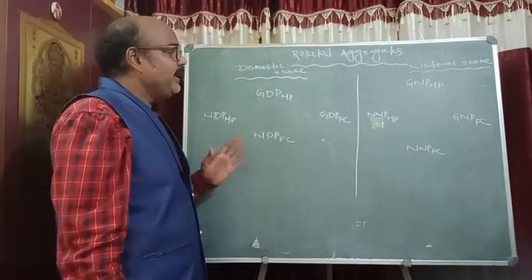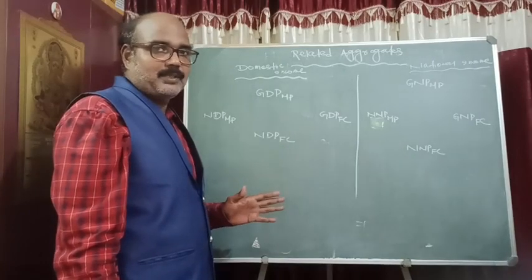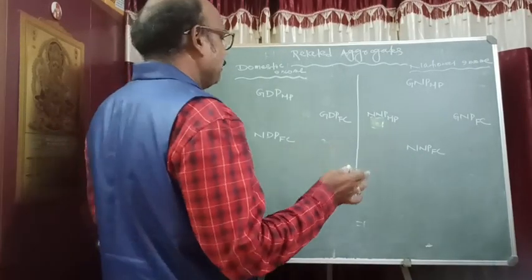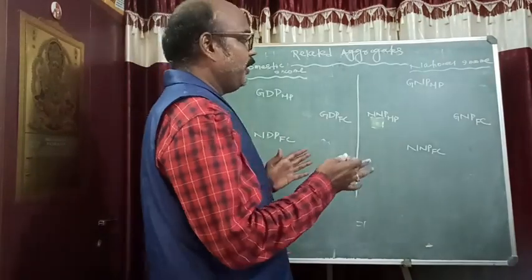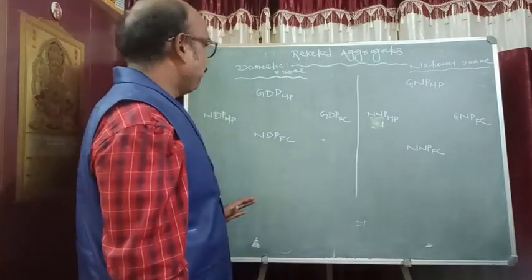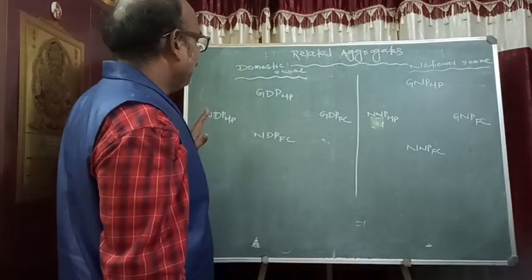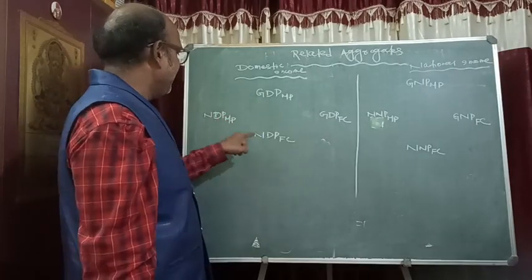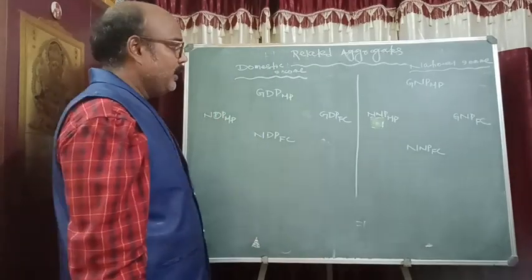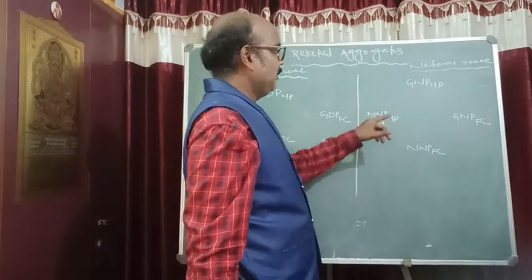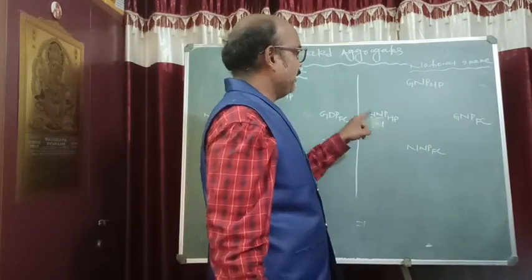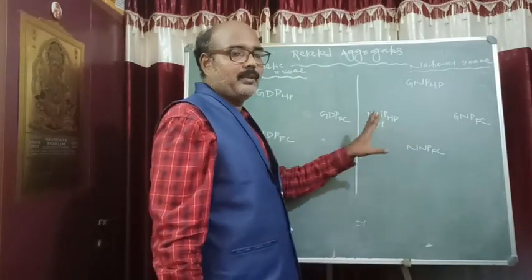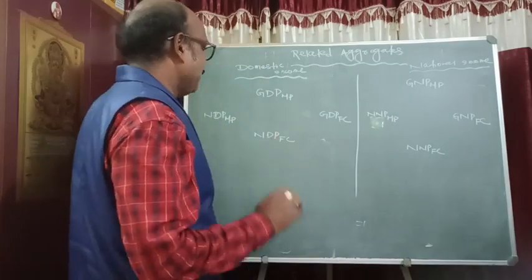Generally there are 8 related aggregates of national income. We can divide them into 4 and 4. The first 4 are the related aggregates of domestic income, here D for domestic. And the rest 4, N, are the related aggregates of national income.